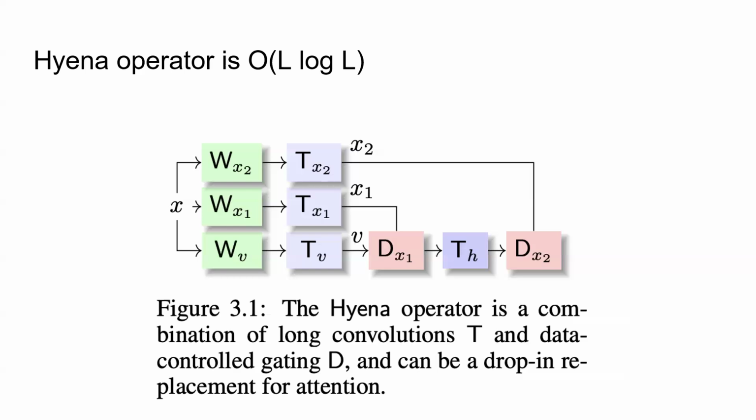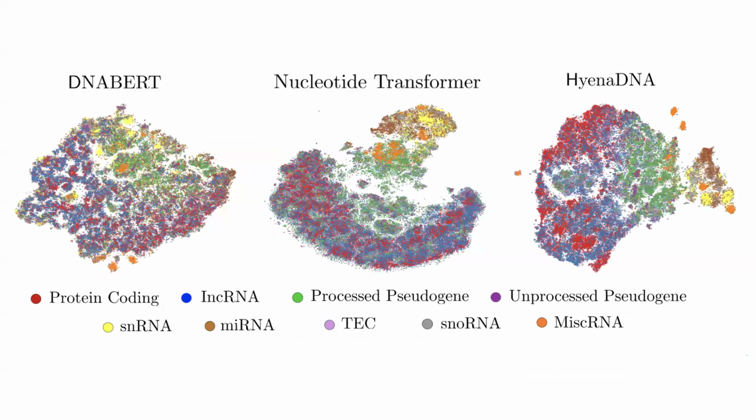And so they have different stacks of convolutional layers, and then they're gated before they're recombined. And this seems to work quite well and is able to pass information over great distances in the sequence. But it's only an L log L operation instead of an L squared operation, where L is the length of the nucleotide sequence.